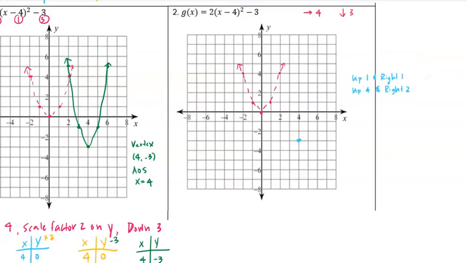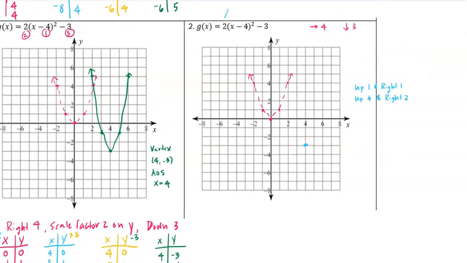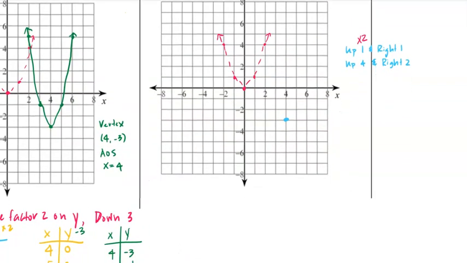Now we're going to figure out how that dilation of 2 changed it. We have to multiply the up values by 2. So now it's going to be up 2 and right 1 from the new vertex, and up 8 and right 2.